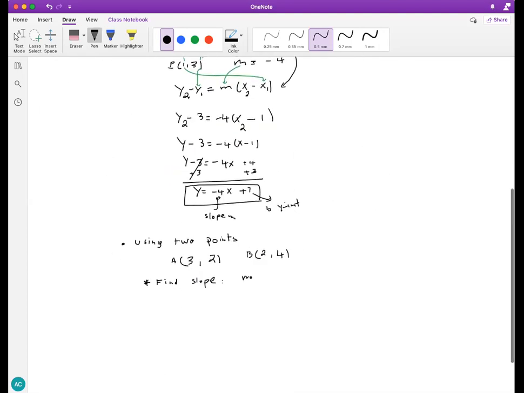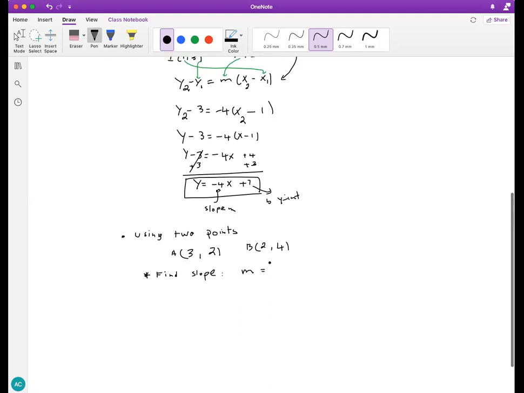So slope m is y2 minus y1 over x2 minus x1. As we saw in the previous lecture, we saw how to find the slope using 2 points. Let's do that again. Basically, all we have to do is plug these values in, and we will have our slope.